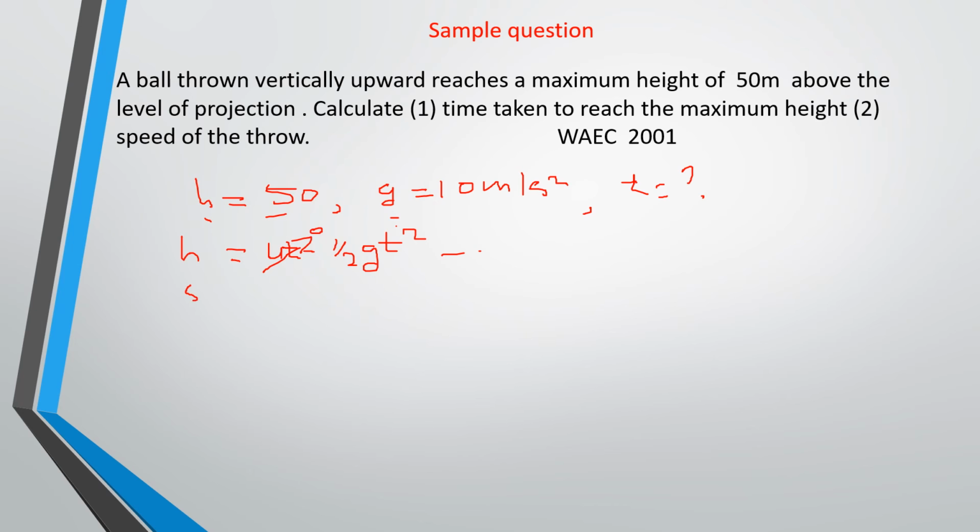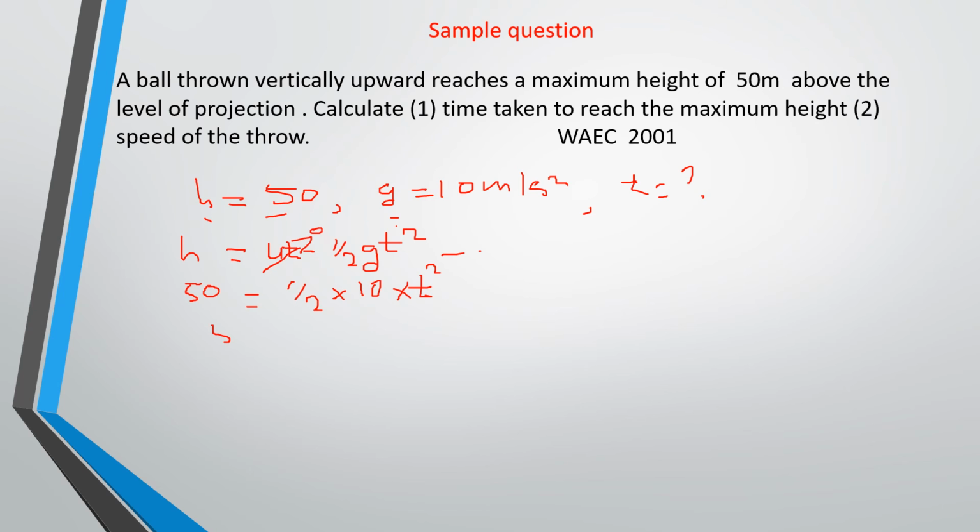So we are going to have that 50 is equal to half times 10 times t squared. Okay, so you can work this out.